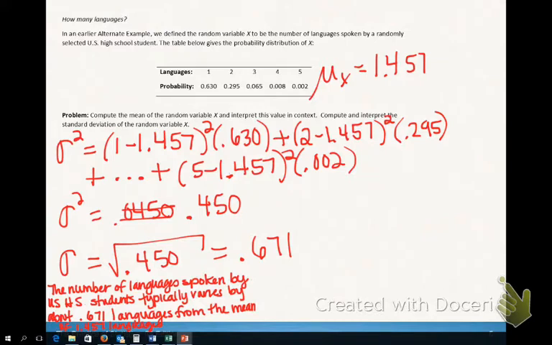Okay, so hopefully this makes sense and you can see how we find the mean values, the variance and the standard deviation, and how to interpret them in context.